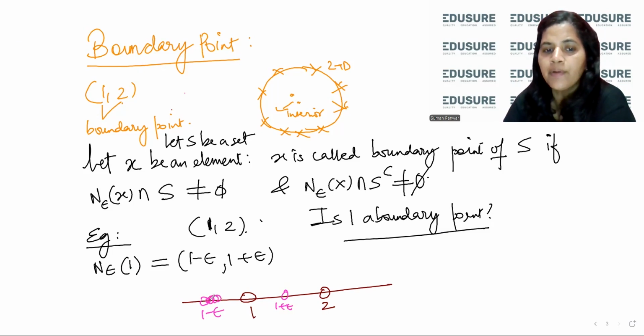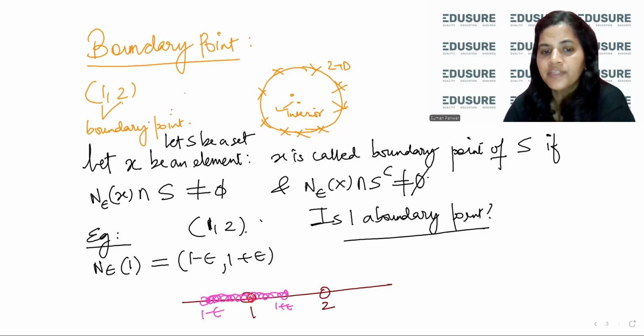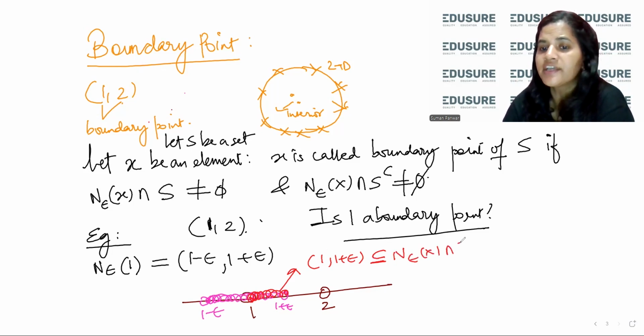So my neighborhood and the set have an intersection. You can see that. This particular portion, (1, 1 plus epsilon), is contained in N epsilon X intersection (1, 2).